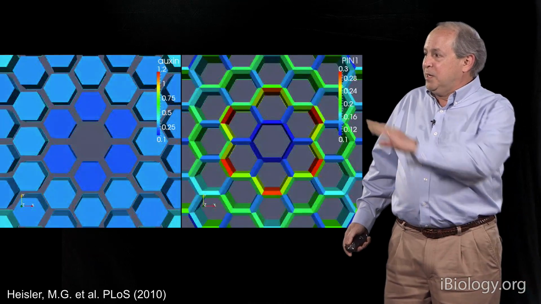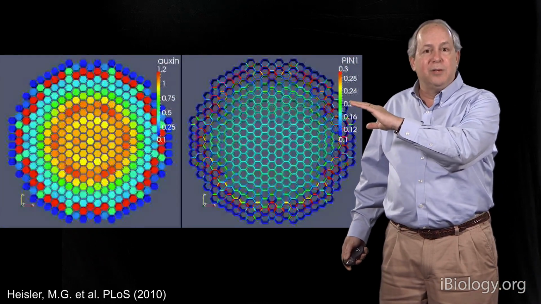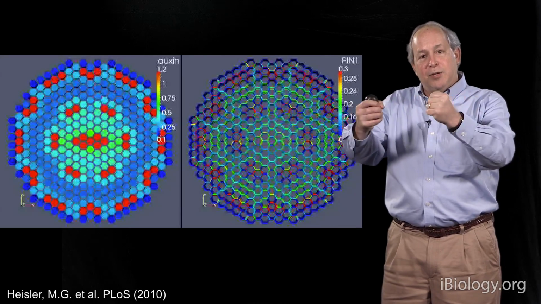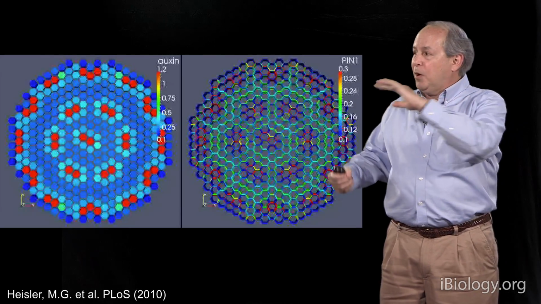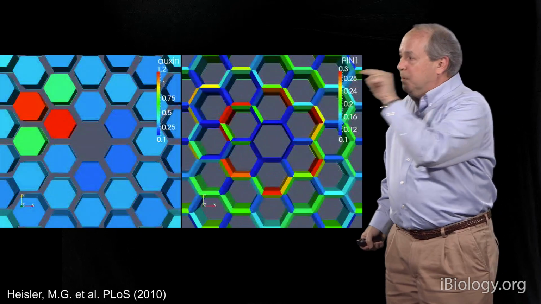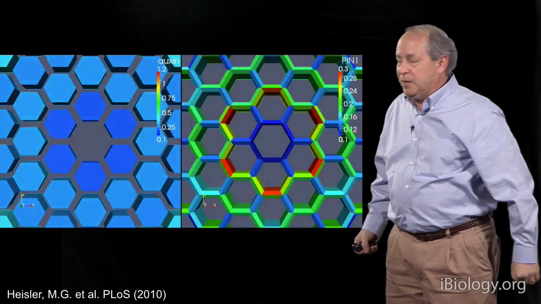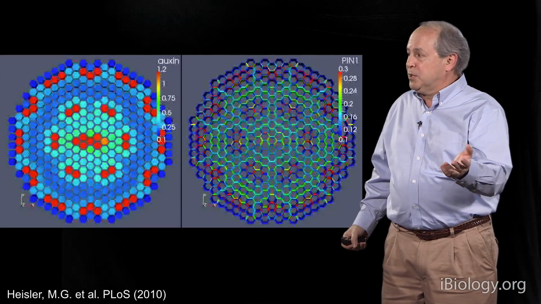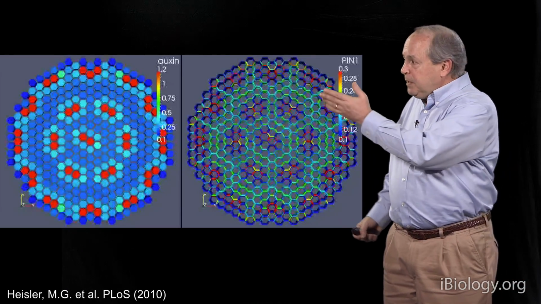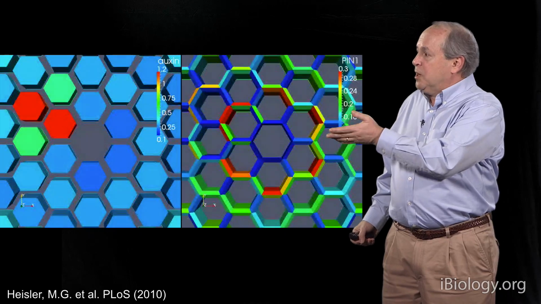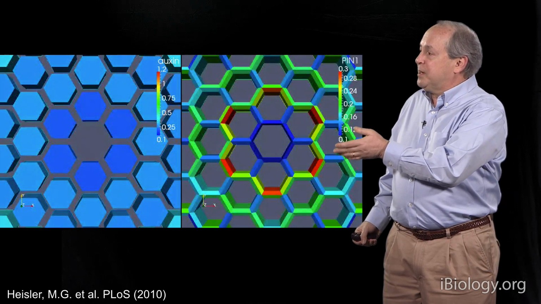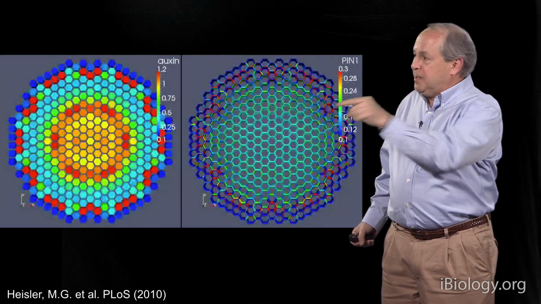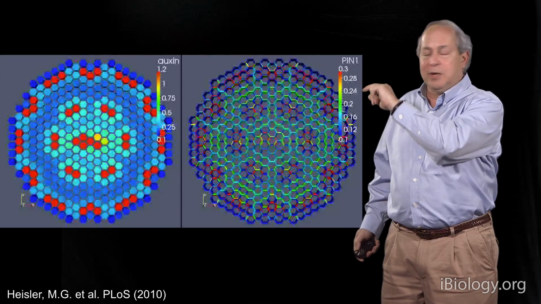And then what else we did in this model, which is a physical model of the shoot apical meristem in which the stresses in each cell are part of the computational modeling, we ablated a cell right in the middle of the meristem. And when we ablate that cell, the image on the left shows auxin concentration, and the image on the right shows where PIN1 is expected to go if we take a laser and we blow up a cell in a shoot apical meristem.